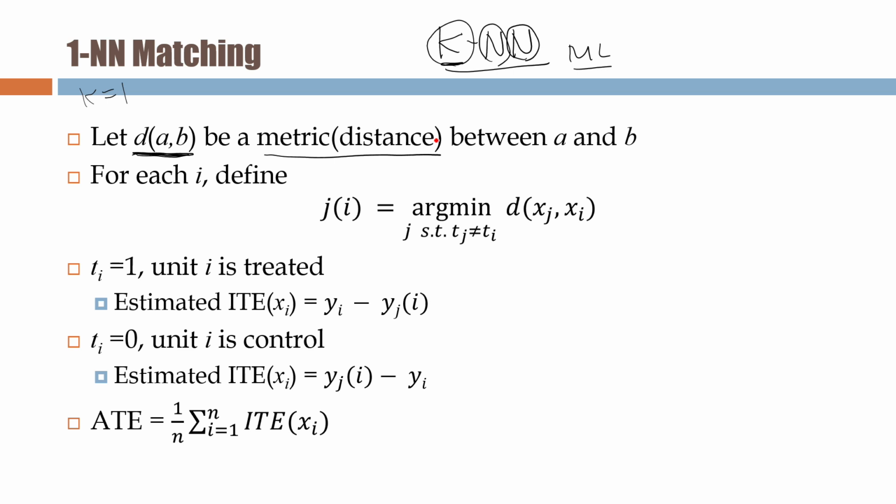So you have to decide how you measure the distance, meaning how you calculate that this sample has a closer condition than the other one. Once you define it, you find out who is the closest one, which data is the closest one.